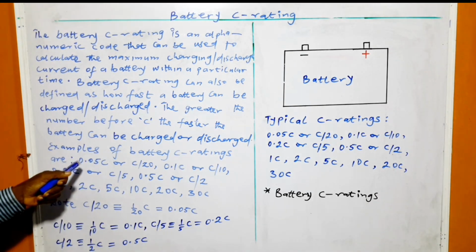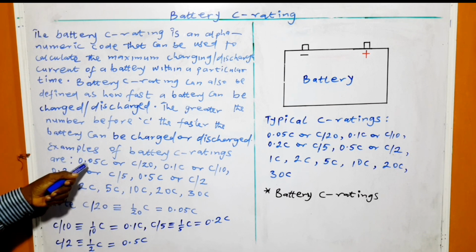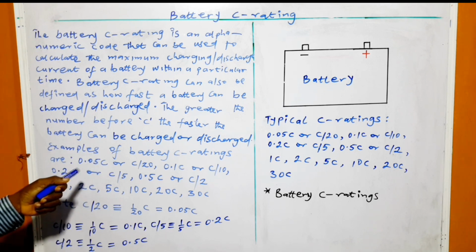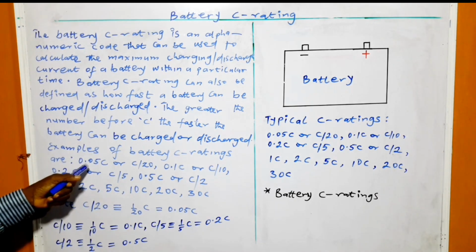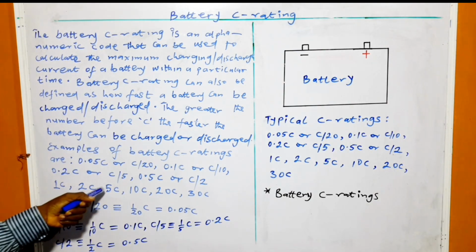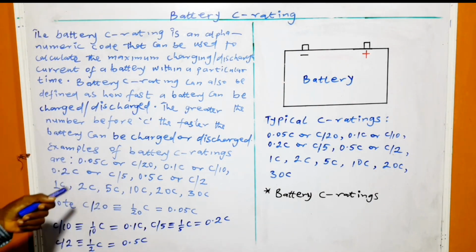Now, an alphanumeric code comprises a number, such as 0.05 in this situation of C rating, and a letter, which is C in this case. The number could be a decimal number or a whole number like 1, 2, 5, and so on.